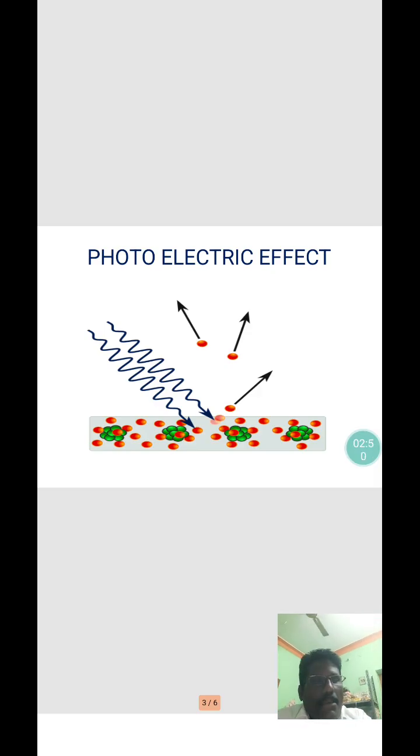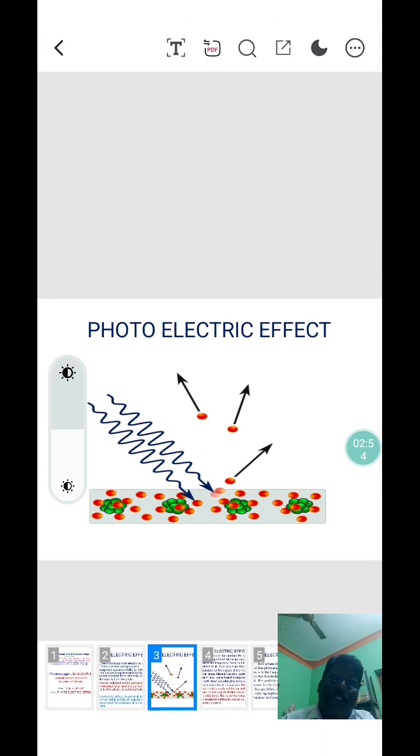He got the Nobel Prize. So we understood the energy of the incident radiation is h nu, in which a portion of the energy is used to promote the electron to the outermost surface of the metal.